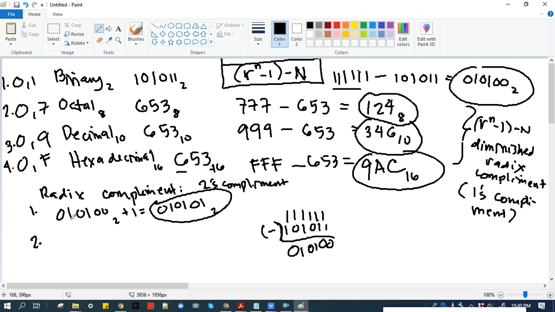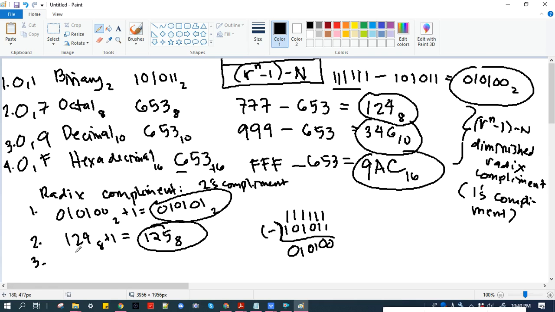For number 2, the radix complement of 653 base 8 is 124 base 8 plus 1, so that's 125 base 8.